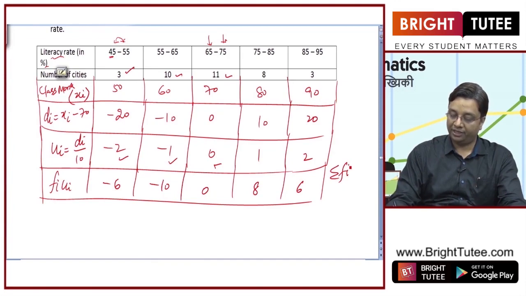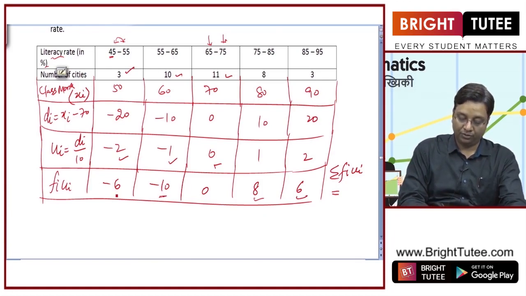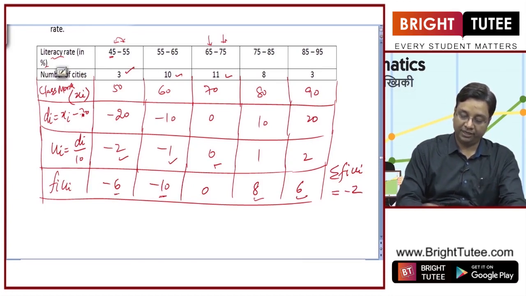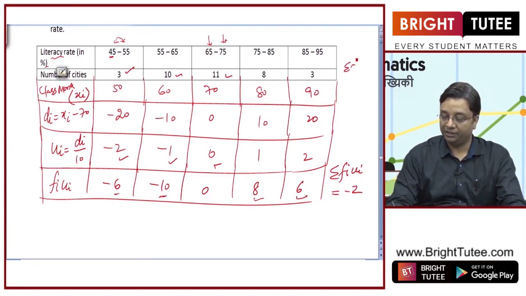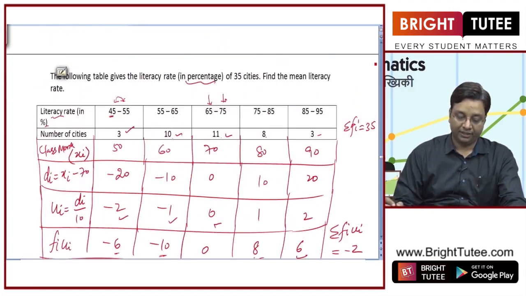So sigma fi ui is the sum of these entries. 8 plus 6 is 14, 14 minus 10 is 4, 4 minus 6 is minus 2. And what is sigma fi? That is the number of cities. 3 plus 8, 11, 11 plus 11, 22, 32, 35. Right?